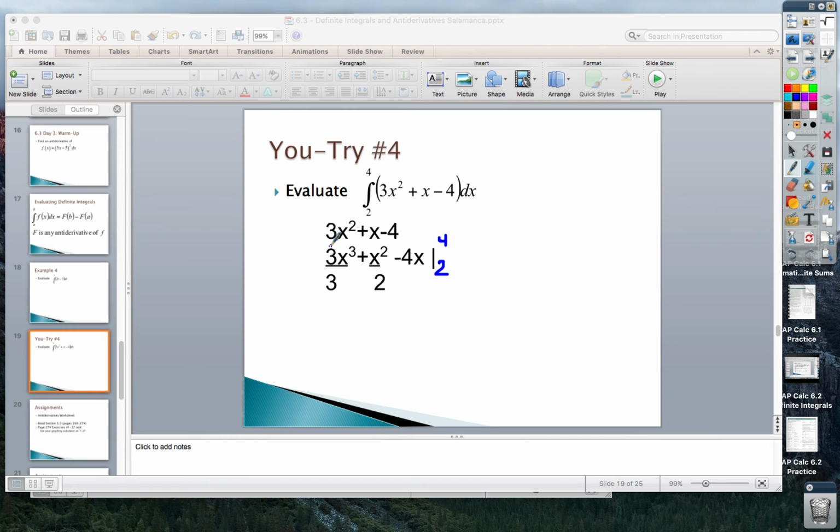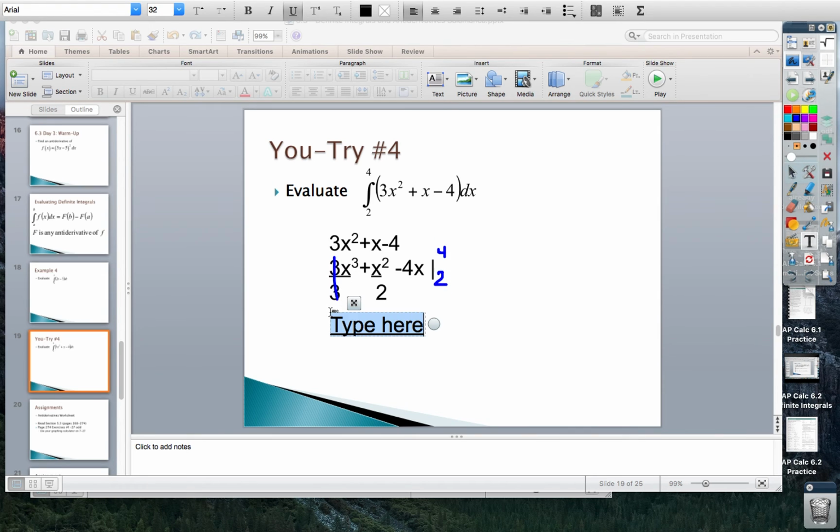So again, we're going to simplify this 3/3 and just make that x cubed. And now we're left with 4 cubed plus 4 squared divided by 2 minus 4 times 2. Oh, minus 4 times 4, my apologies. And that's simplifying just the 4.